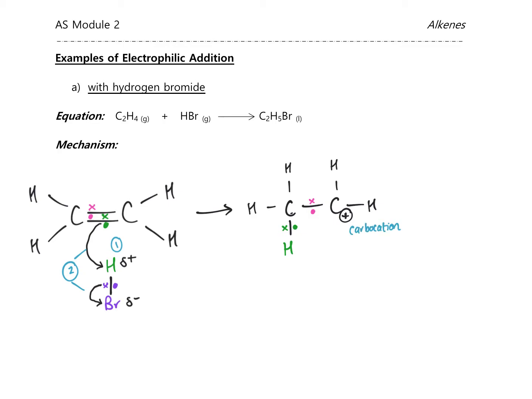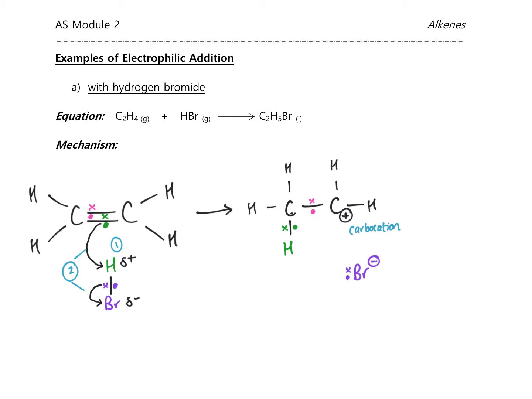What else did we form in the first step? Well, if you remember, the hydrogen-bromine bond broke heterolytically, and the bromine atom escaped with both of those electrons from the original hydrogen-bromine bond, and that will be negatively charged because it essentially gained an electron. A way to check is that each stage of your mechanism should have the same overall charge in it.